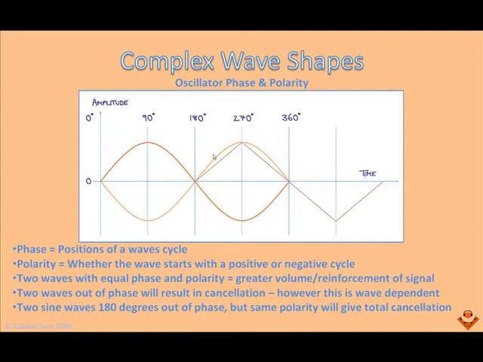So what in fact was happening was they were cancelling each other out. Positive and negative, they cancelled each other out. If it started here and followed like that, they reinforced, but because it started 180 degrees out, they cancelled each other out. If you imagine this carrying on down here and up here, those cancel each other out. And as I've already shown you, two sine waves, 180 degrees out of phase, give total cancellation.